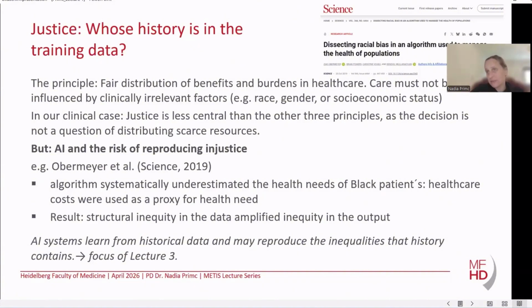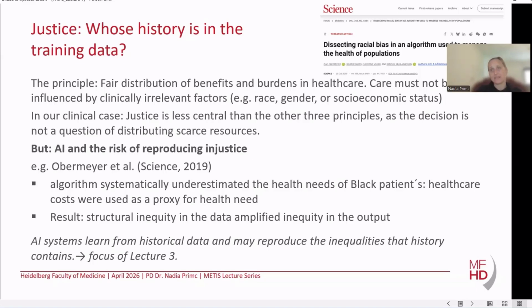The reason behind this was simple. The algorithm used healthcare costs in the past as a proxy for healthcare need. Because of structural inequality in the US healthcare system, where less money is generally spent on Black patients than on white patients with equivalent healthcare needs, the algorithm learned that Black patients were healthier than they actually were.